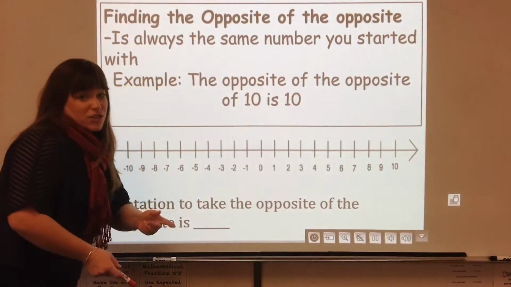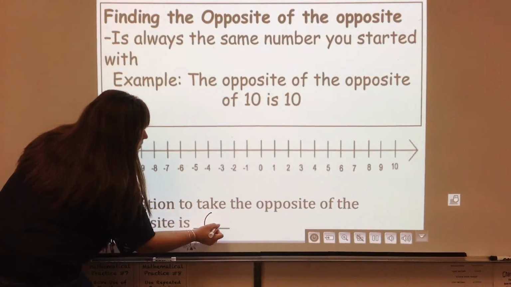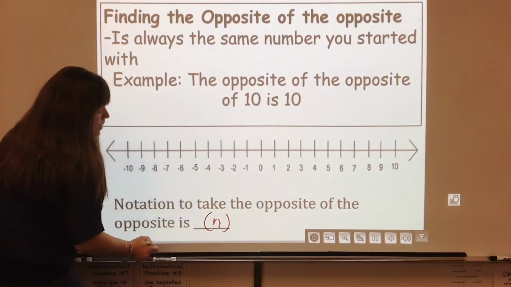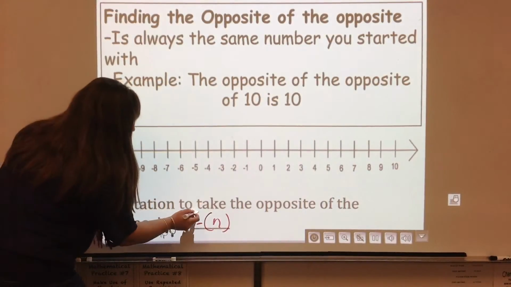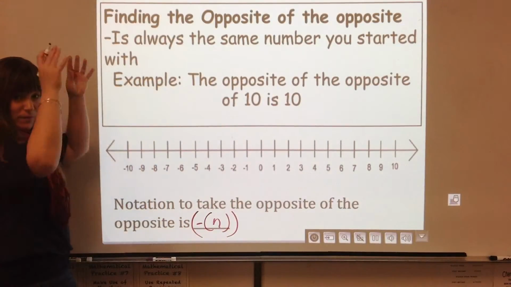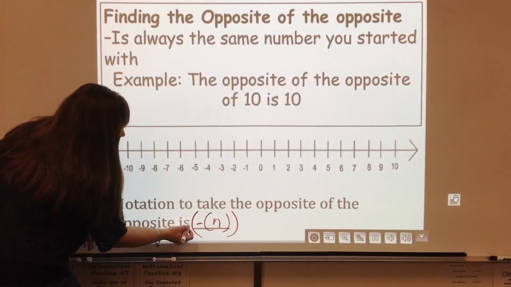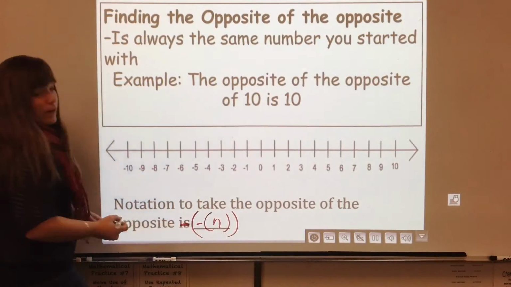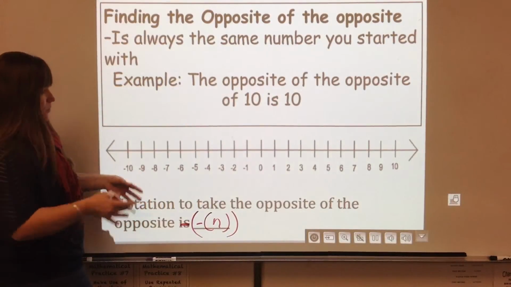The notation is a little more complicated because you're taking a number and finding the opposite of it. That's the same. But then we're going to take this whole thing, see how I put parentheses around the whole thing, and put another opposite sign on the outside of it all. So let me do that again.